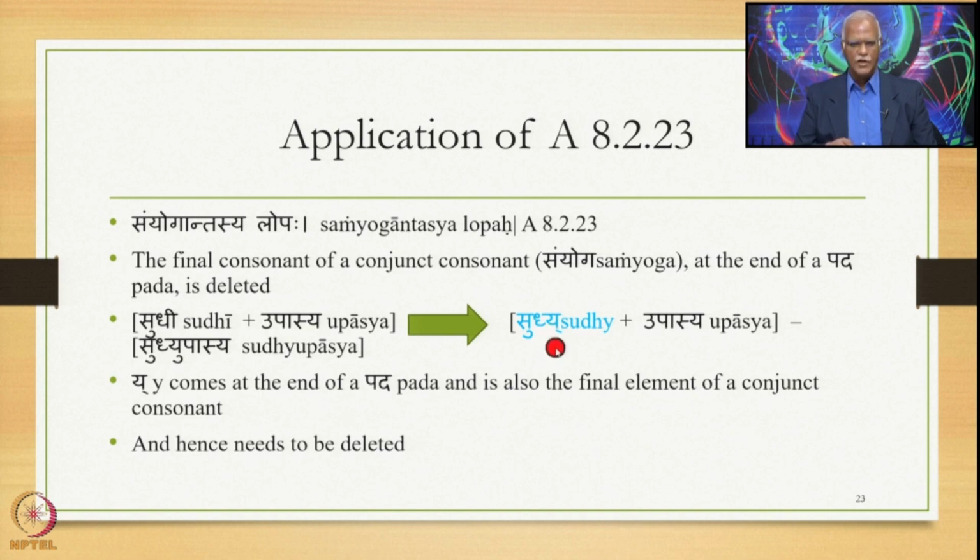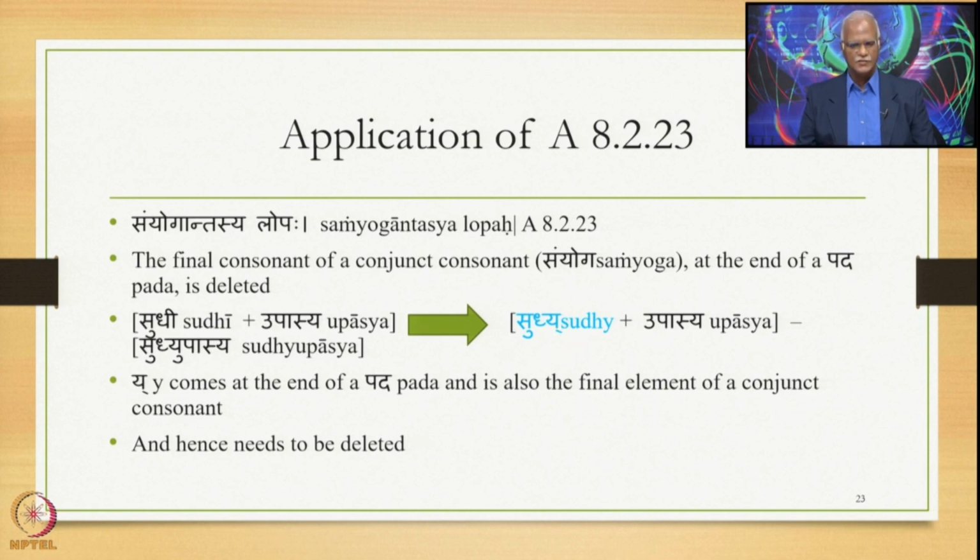And so now 8.2.23 applies over here, and this ya will be deleted. So, ya comes at the end of a pada and is also the final element of a conjunct consonant and hence needs to be deleted. I mean, just as this ya is deleted, similarly the other yans coming at the end of the pada in this particular situation should also be deleted.